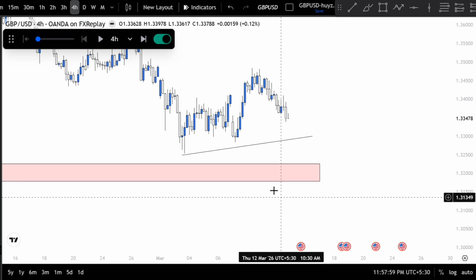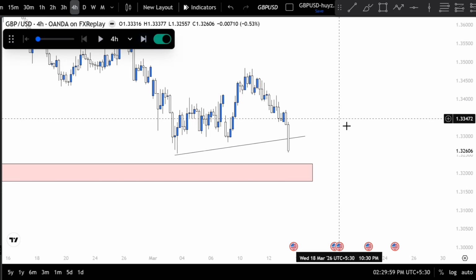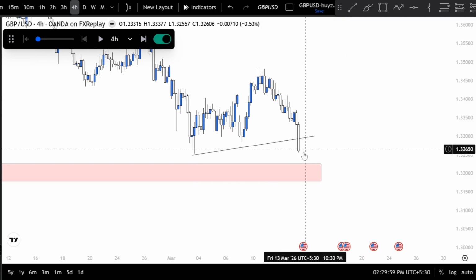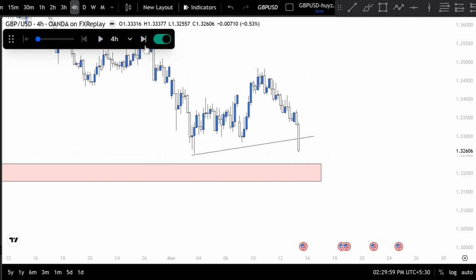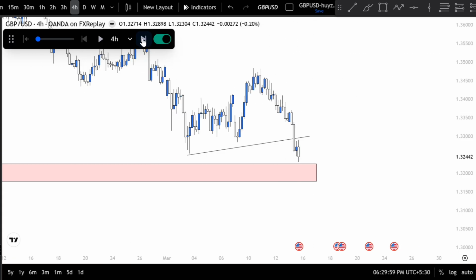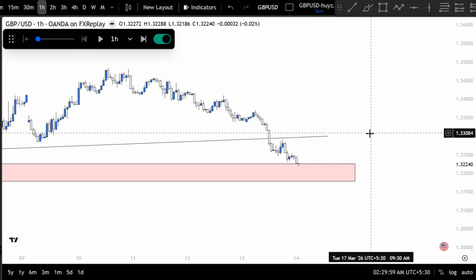Okay, so as you can see, price swept these lows and is approaching the order block. So all we have to do now is wait for price to tap into the order block.